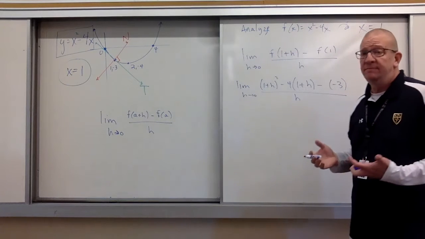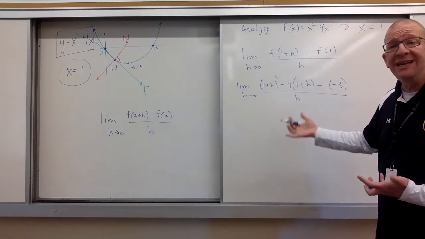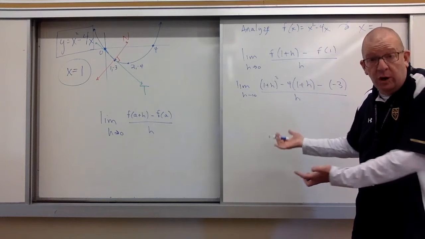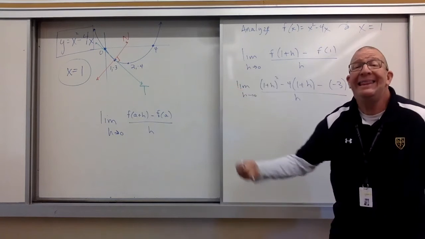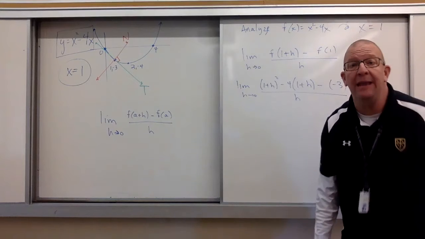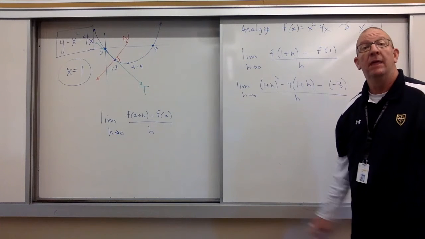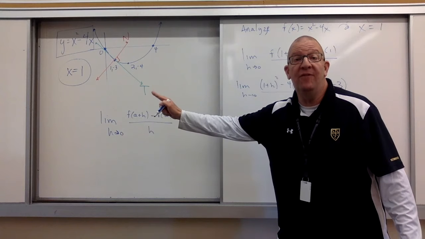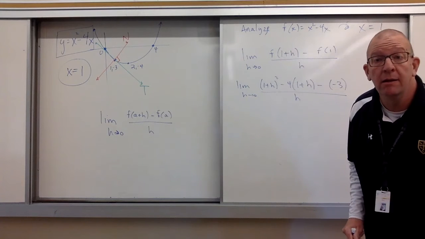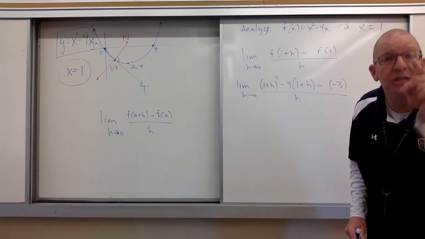And now we simplify this. And what's going to happen when I work out this limit is I'm going to get the slope of the green line. That's the connection we need you to make. This equation down here gives us the slope of that line there. You can do this.